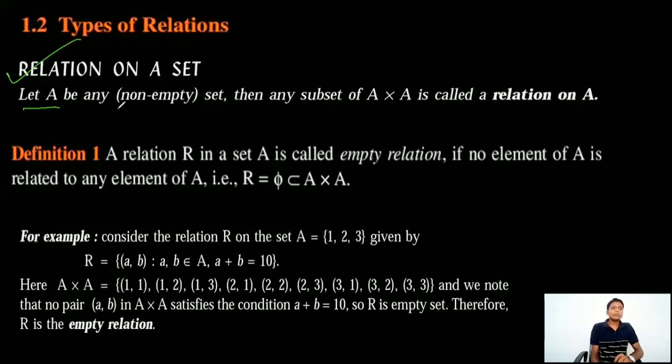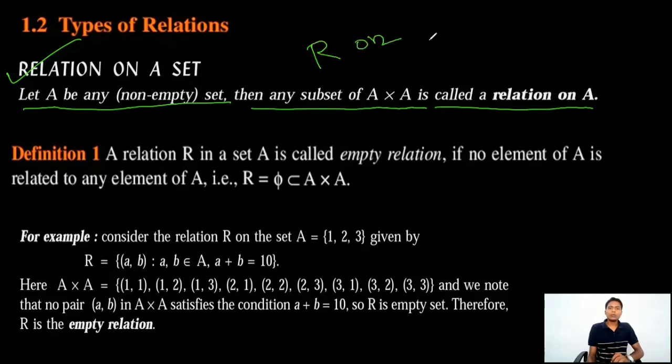Let A be any non-empty set, then any subset of A cross A is called a relation on set A. That means if R is a relation on set A, then R is obviously a subset of A cross A. All the elements, or all ordered pairs, of R will be from the A cross A set. This is a relation on a set.